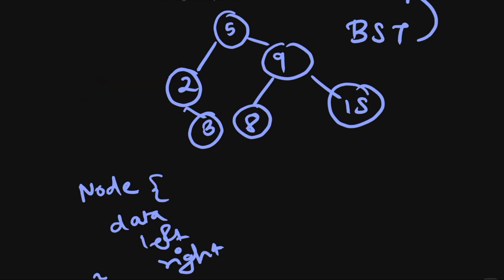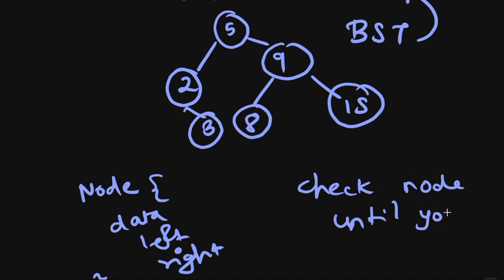So a basic general algorithm I can write down is: check the node until you don't find any empty space.